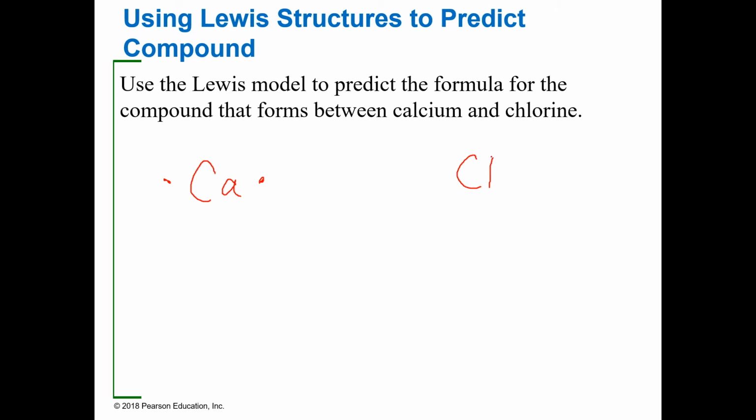Chlorine has 7 valence electrons, so it has 7 here. Okay. If I want to put these 2 together to make a compound, that compound is actually going to be calcium chloride.